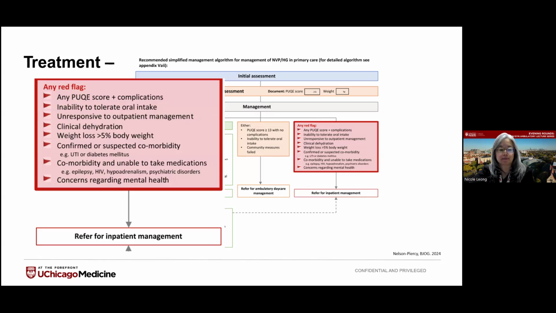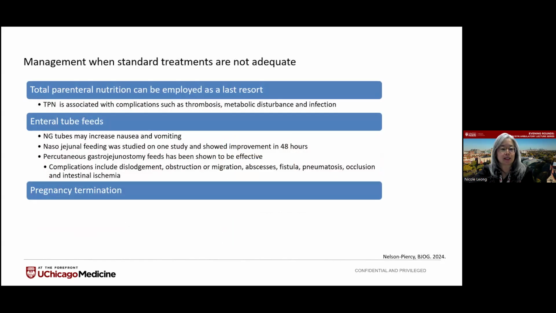TPN is associated with complications like increased risk of thrombosis. You can have metabolic disturbances once you start TPN, and you're at much higher risk of infection when someone is on TPN as well. And then tube feeds are pretty hard for people to tolerate.